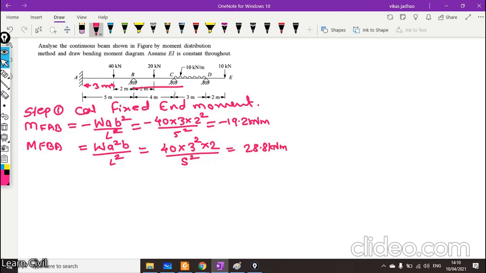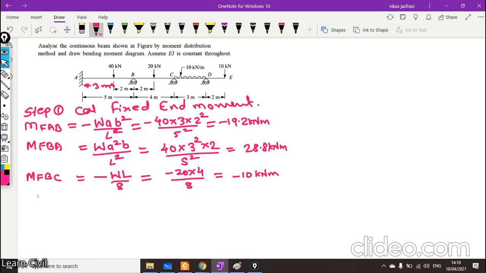Similarly, for this span BC, MFBC is equal to minus WL by 8 because the load is acting at the midspan. So it is equal to minus 20 into 4 divided by 8, so this will be minus 10 kilonewton meter.